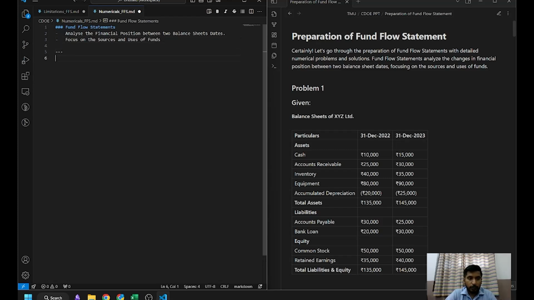Let us just solve different problems. We are given that we have a balance sheet.